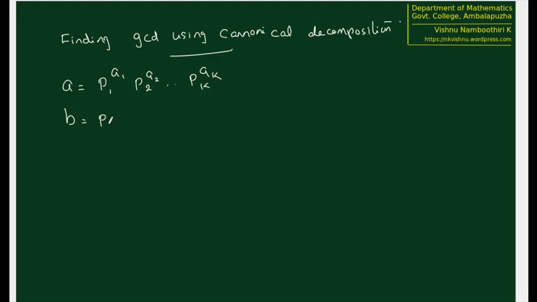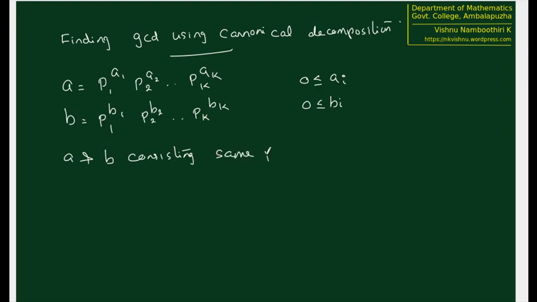Of course, A and B need not have the same primes appearing in both these integers, so we will just write P1 to the power B1, P2 to the power B2, etc. Pk to the power Bk, where the Ai's are greater than or equal to 0 and the Bi's are greater than or equal to 0, so that A and B consist of the same primes.